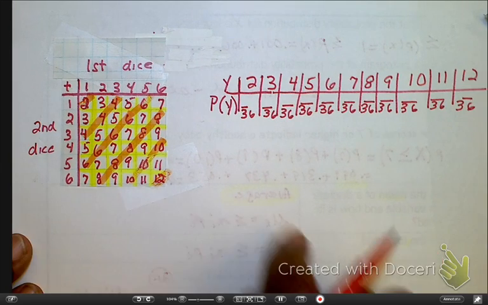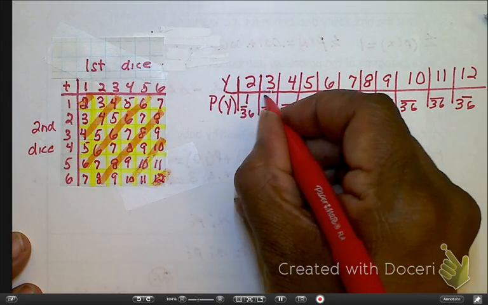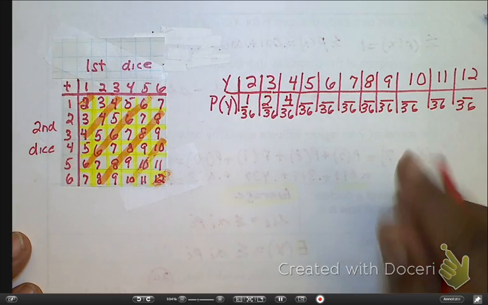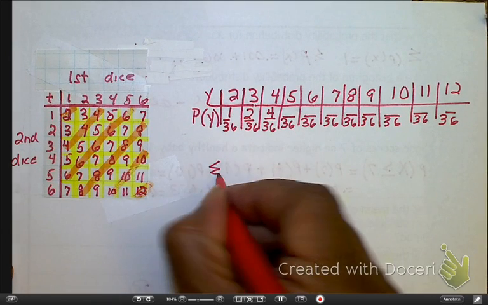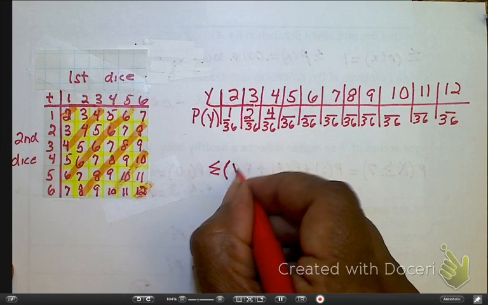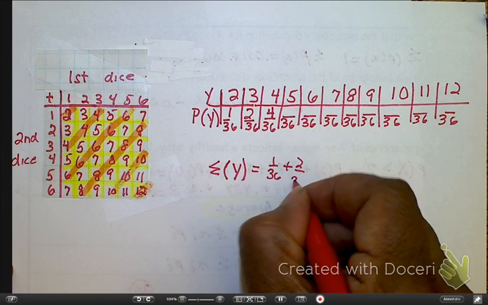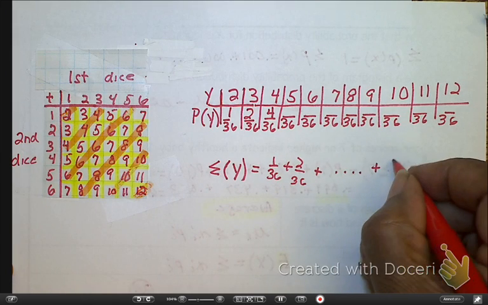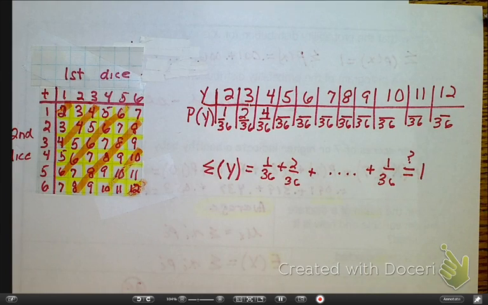Then let's see, how many are 2s? There's 1 of them. How many are 3s? There's 2 of them. How many are 4s? There's 4 of them. And I know I can reduce this stuff, but I'm not going to, because if we have to find the sum of these probabilities and add together 1 over 36 plus 2 over 36 plus, all the way to the last one, which is 1 over 36, and to confirm that it equals 1, why would I sit there and change my fraction to reduce it and have to change it back to get a common denominator?